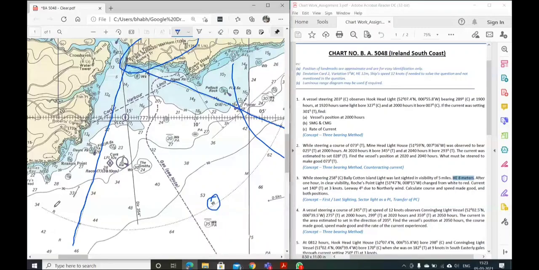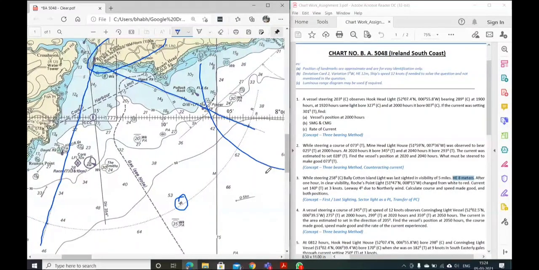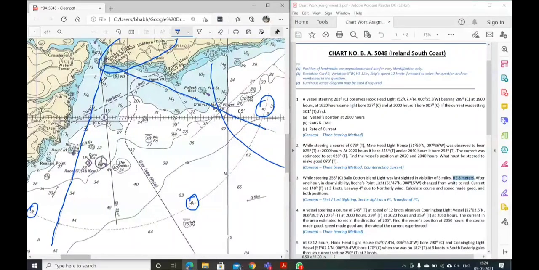And if you see on this side, you see the sector mentioned here as red sector. And if you look on the third side also, you can see here it is again the red sector. Okay, beta, this sector light is understood? Yes, sir.